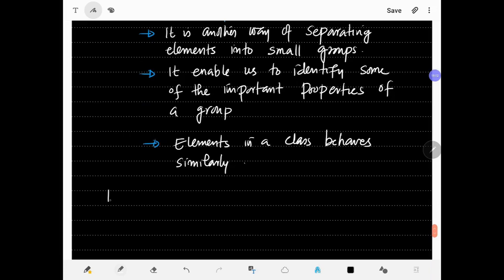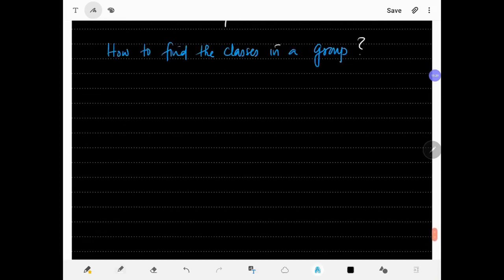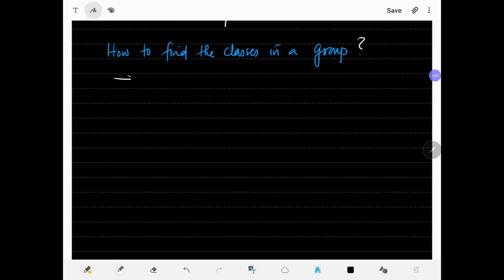Now in the end, I should answer how to find the classes in a group. The only thing you have to do is to work out all similarity transformation for each and every element in the group.